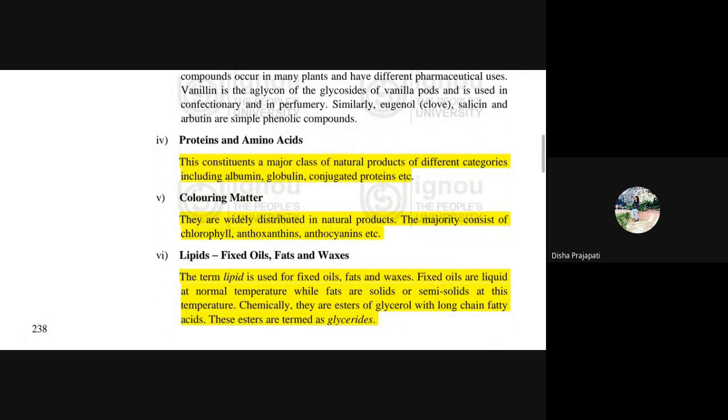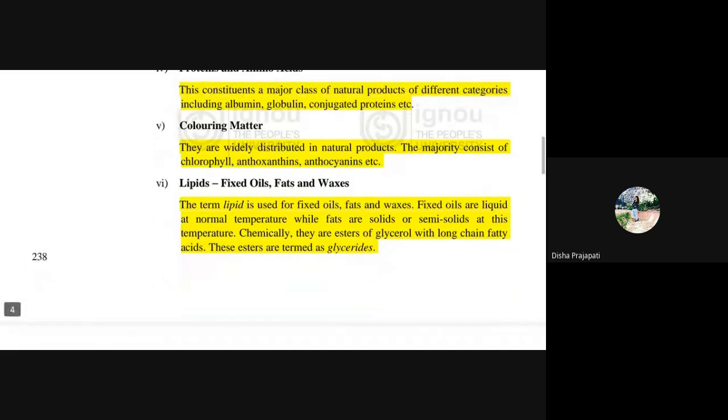The majority consists of chlorophyll and anthocyanins, etc. Lipids such as fixed oils, fats, and waxes. The term lipid is used for fixed oils, fats, and waxes. Fixed oils are liquid at normal temperature, while fats are solids or semi-solids at this temperature. Chemically, they are esters of glycerol with long-chain fatty acids. These esters are termed glycerides.